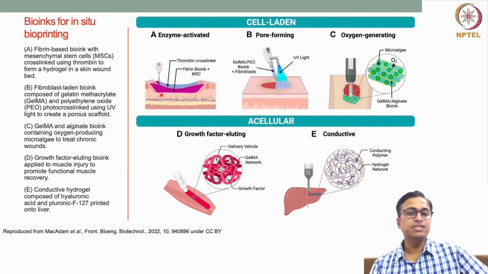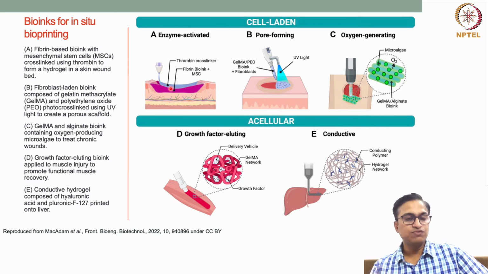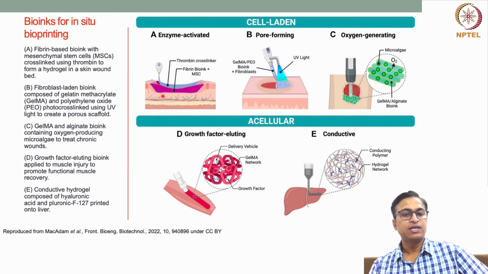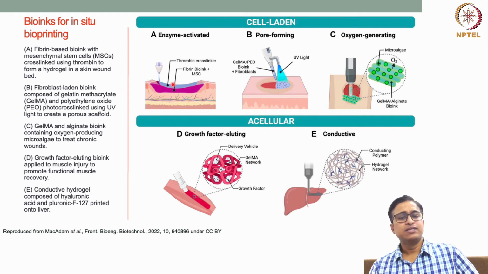In this case the cross linking is instant, so within a few seconds this whole thing will become cross linked. Another important thing is when we put the fibrinogen plus MSCs into that wound bed, as you can see here, it can confine to that volume of the wound, perfectly filling the defect volume, and then when we put thrombin, the whole thing will get cross-linked.